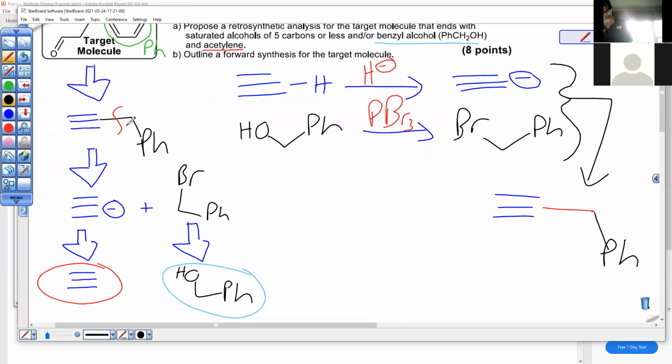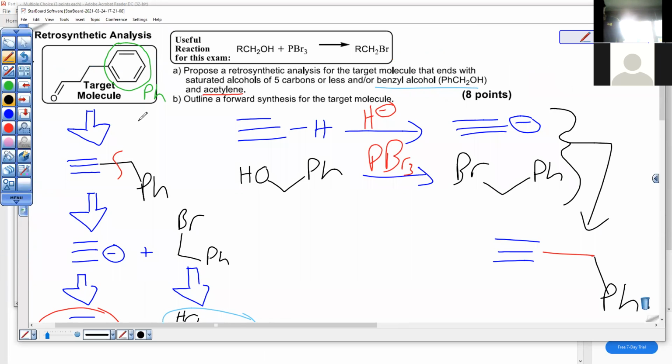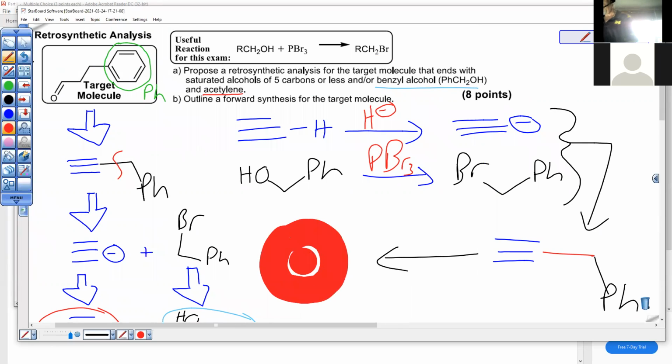You're here right now. You've made this thing. What chemicals are going to make that thing into the target? We have to know those chemicals. And you got to let your teacher have some fun every once in a while. Copyright infringement. What chemicals make that into our target molecule?